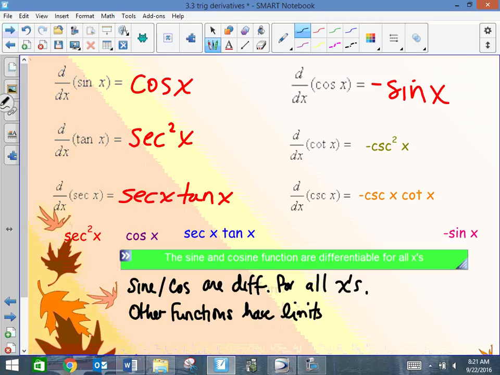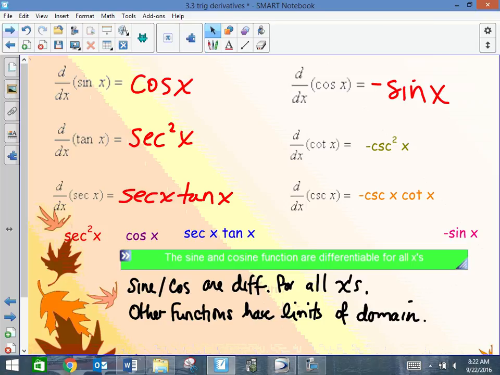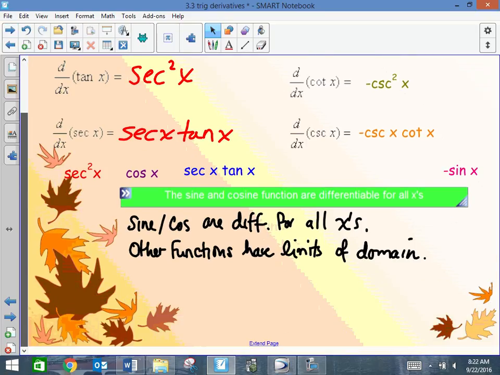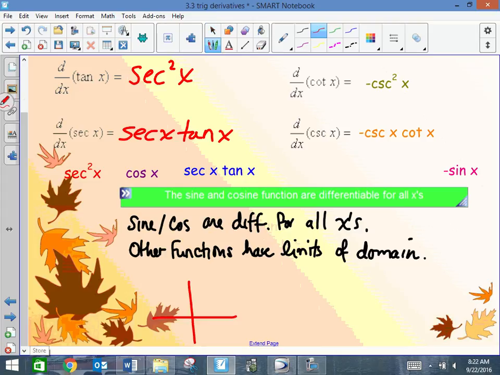And I mean that not as in the limit as blah, blah, blah, but you're limited on your domain, okay? So just in case that shows up, sometimes they tell you that up front, and sometimes they assume that you know that. Remember, for tangent, remember tangent goes like this.